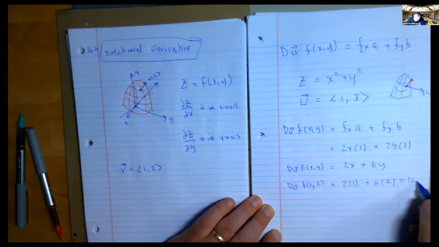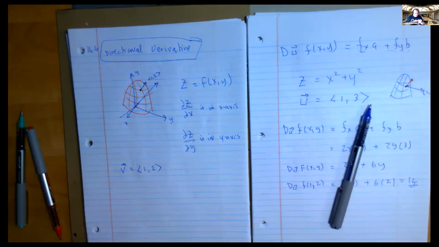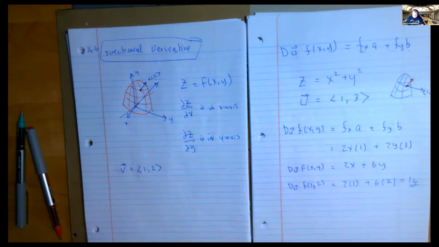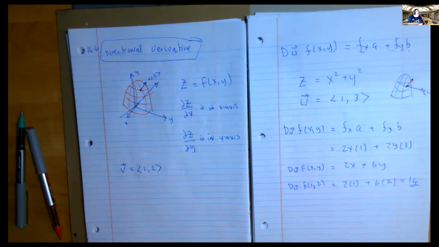That's 14. So at that particular point, if I was on a hill that was that surface, and I was going to walk in the direction of this vector, I would be going up a steep 14-unit slope. So that mountain is pretty steep there. It's got a gradient of 14.